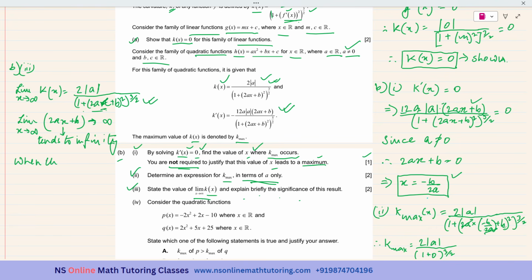When the denominator is very large, the fraction value is almost equal to 0.